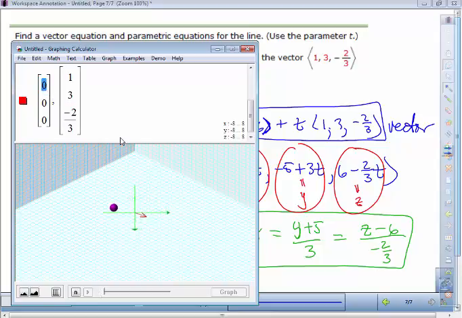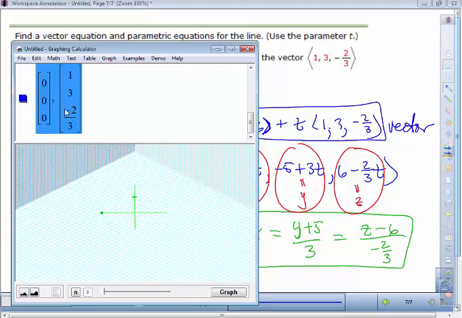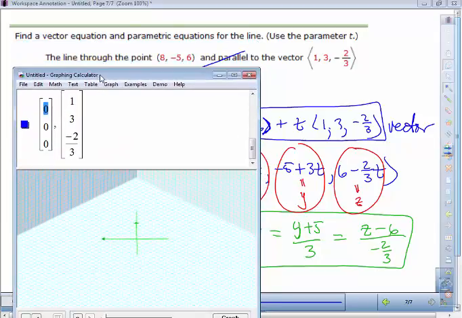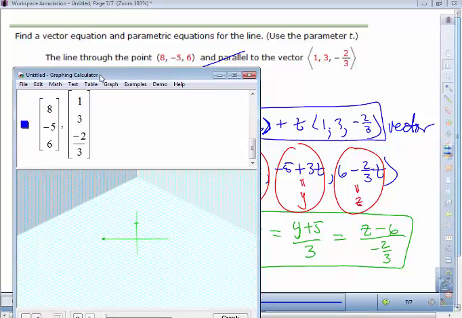And what I want to do is put this vector and shift it and move it. So I'm going to move it to that point. What's that point again? 8, negative 5, 6. And in this particular program, the way vectors work is they want you to define the tail and the head.